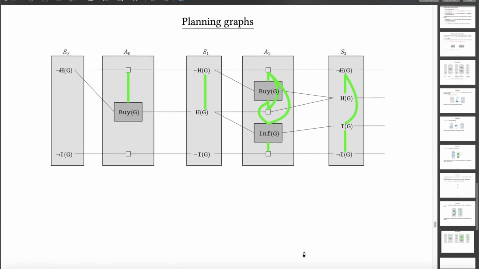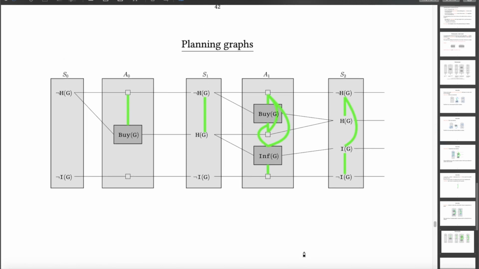And if I go through and apply this to the current example, then these are the mutexes that I get. So I filled in all of them here, up to and including state level S2.